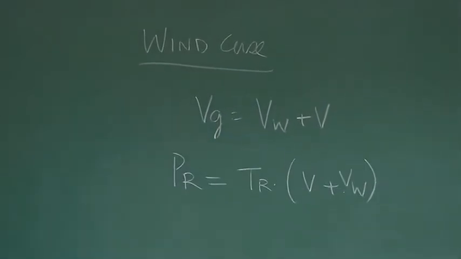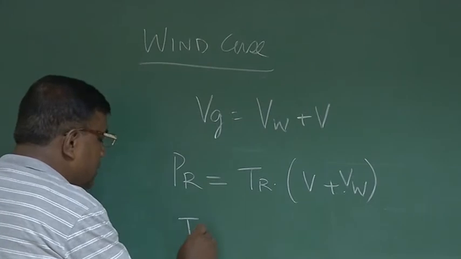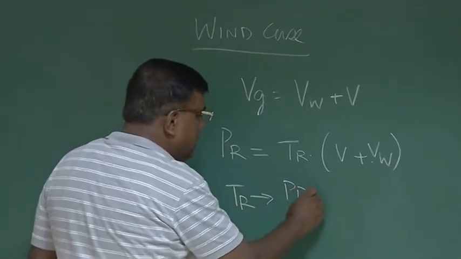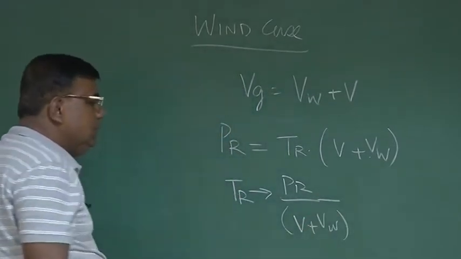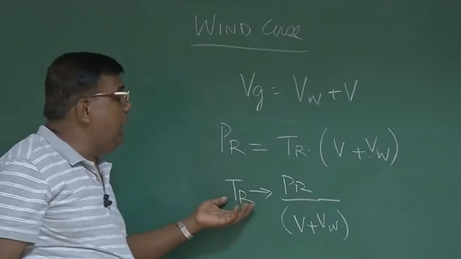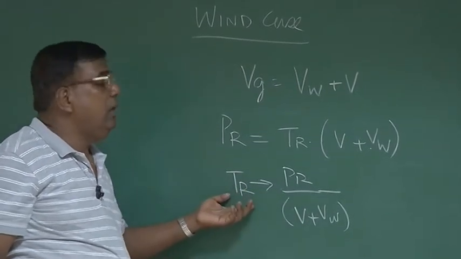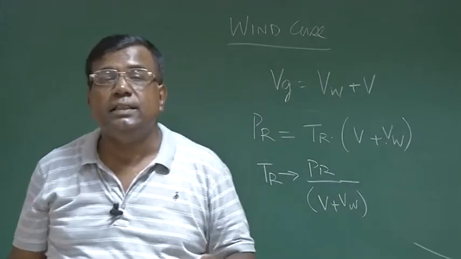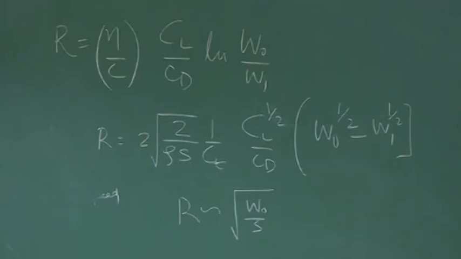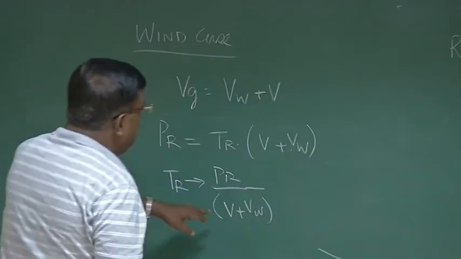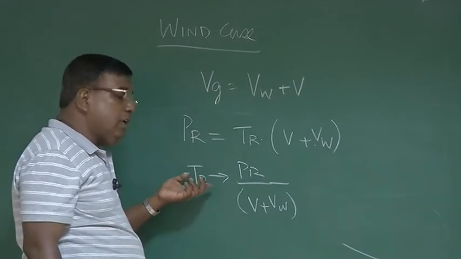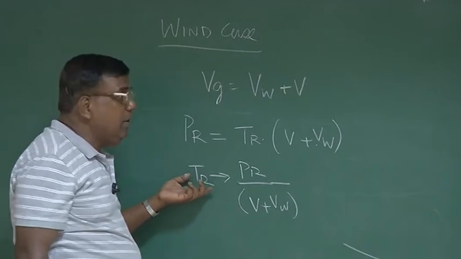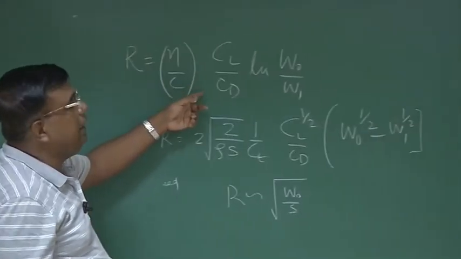Okay? So in this case, thrust required is power required divided by V plus Vw. And now this TR, which is PR by V plus Vw, has to be minimum so that CL by CD will be maximum and hence range will be maximum. Is the statement clear? Now it is V plus Vw. So now in this case, the thrust required should be minimum, and thrust required minimum means CL by CD is maximum, and CL by CD maximum means the range is maximum.